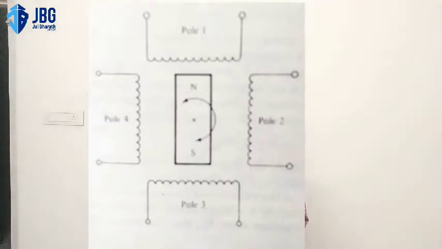If the stator is excited so that P4 is north pole and pole 2 is south, the rotor makes a 90-degree turn in the clockwise direction. You can see a marking there.